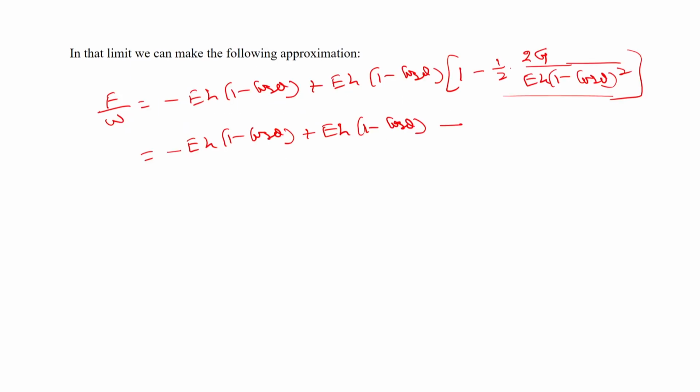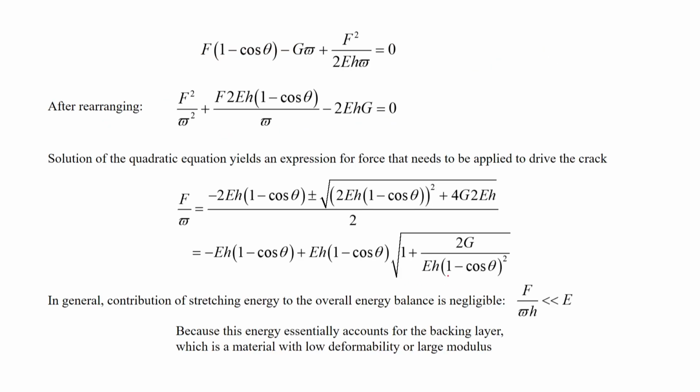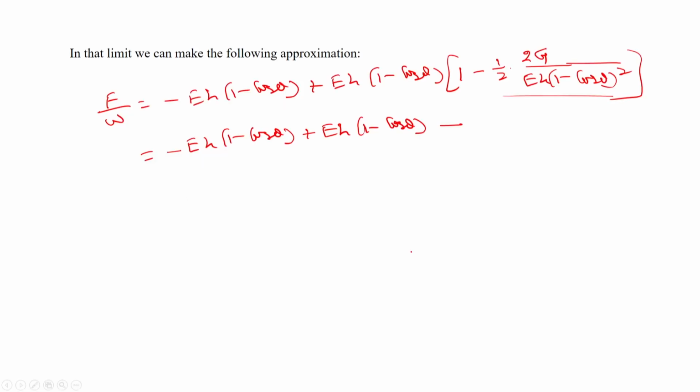So here this term we will simplify. I should have plus here, plus here. So this is plus half, and the 2 gets cancelled, and therefore I have G by 1 minus cos theta. So this term and this term get cancelled.